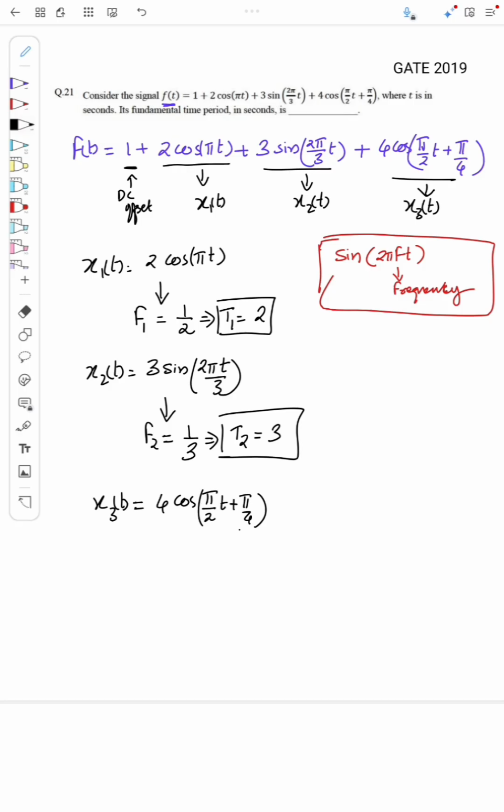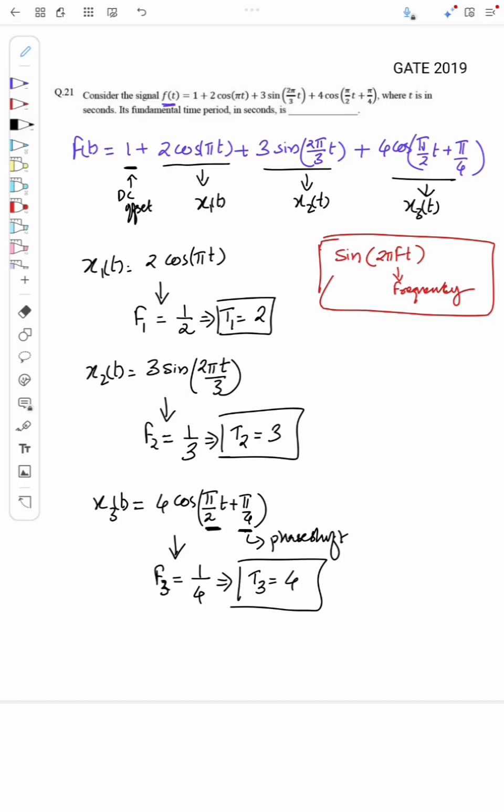This pi by 4 is just a phase shift. It won't create any change in the frequency of the signal. So similar to the previous, the frequency f3 will be equal to 1 by 4, so the corresponding time period t3 will be equal to 4.